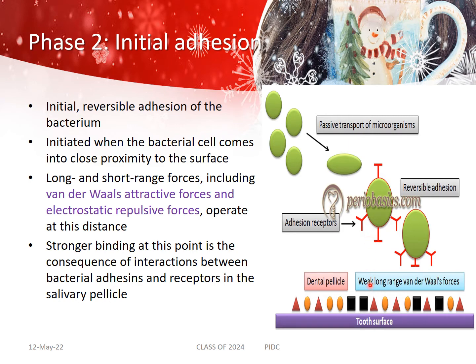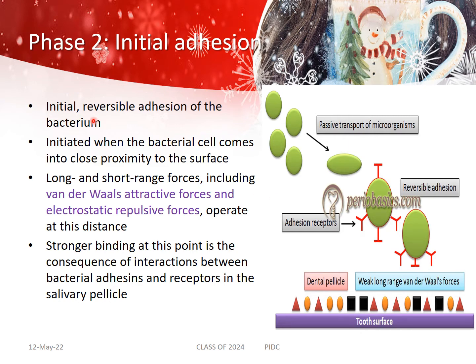This is how the bacteria and the dental pellicle receptors bond to one another. This is just an initial adhesion, where it gets bound by means of weak long range van der Waals forces. At this stage, even if you brush well, it is a reversible phenomenon. That is, plaque formation will not occur.